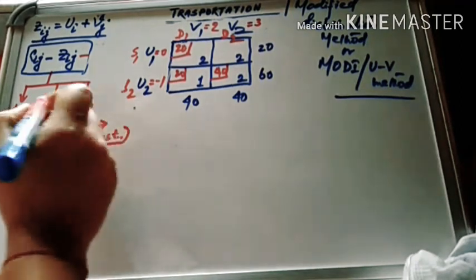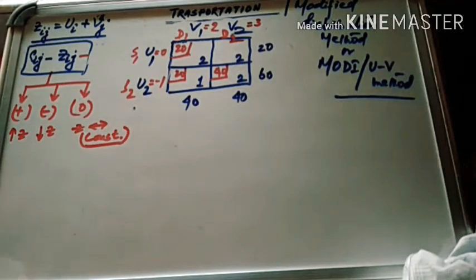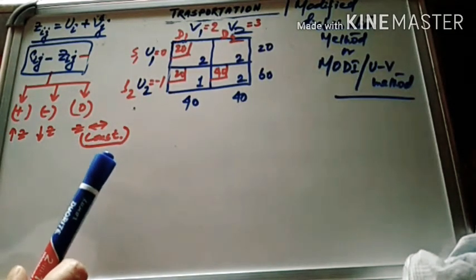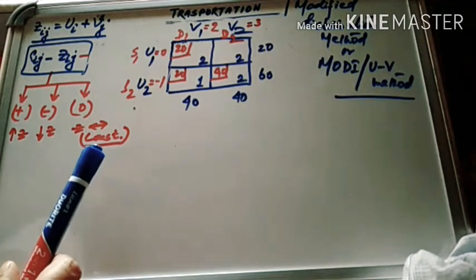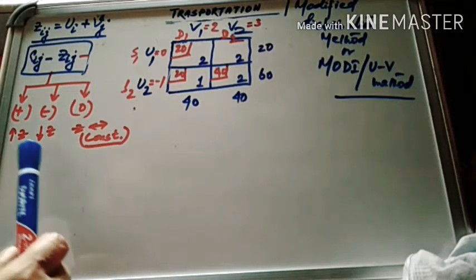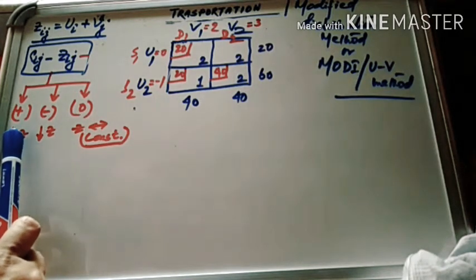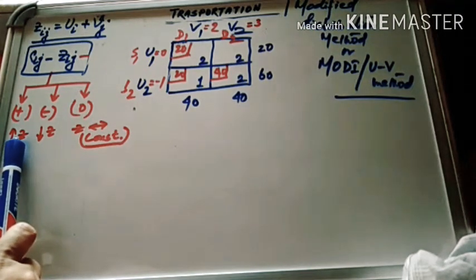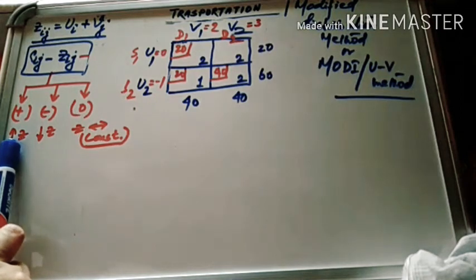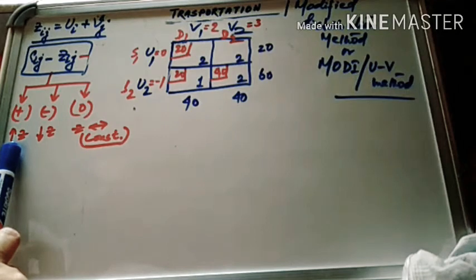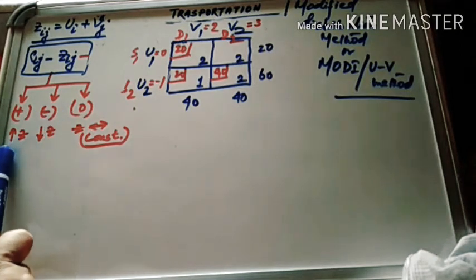So our aim over here is to minimize the transportation cost, or you can say we have to maximize the value of Z. In LPP, we have already seen that we have to maximize the value of Z, which is the profit. Similarly, if we can increase the value of Z, the transportation cost will decrease.